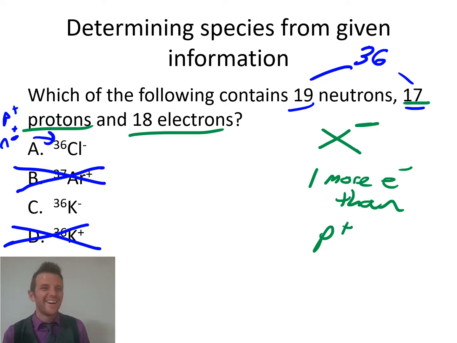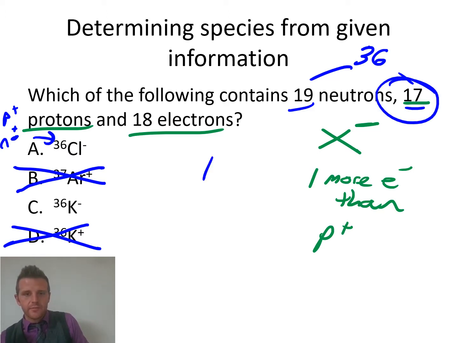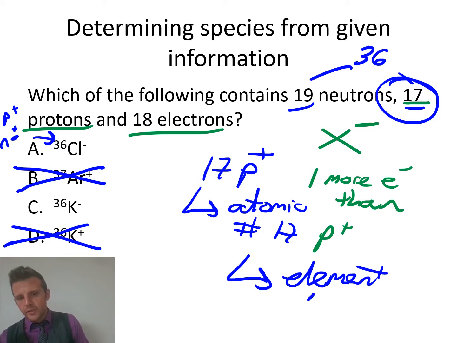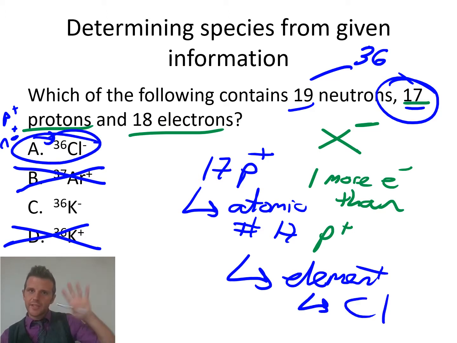So anyways, I'm going to just look for whatever element now has 17 protons. If something has 17 protons, that means the atomic number is also going to be 17, which means I know the element, which means I know it is chlorine. Ta-da!